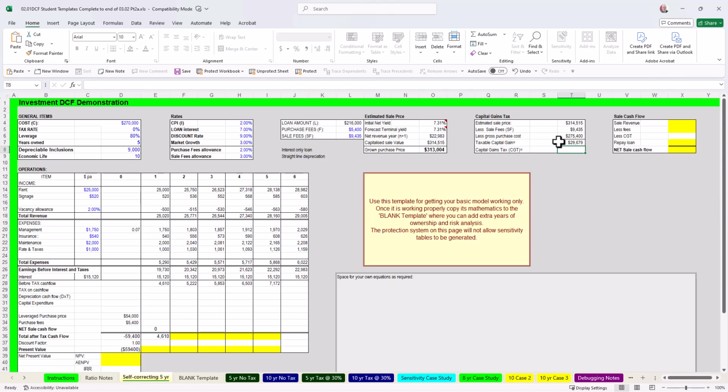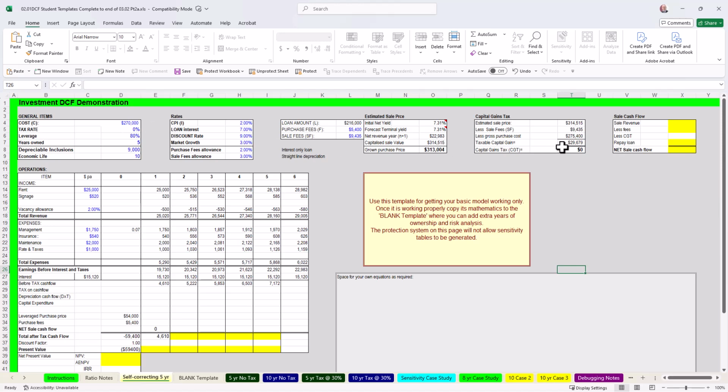So I have taxable capital gain of 27,000, and the capital gains tax on that is worked out as the capital gain multiplied by the tax rate, in this case it's 0, but then also divided by 2 because of the current tax rules.